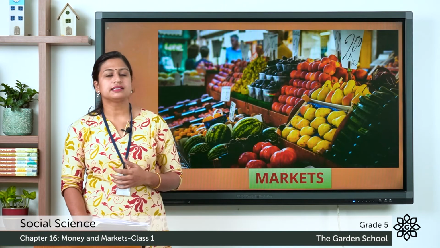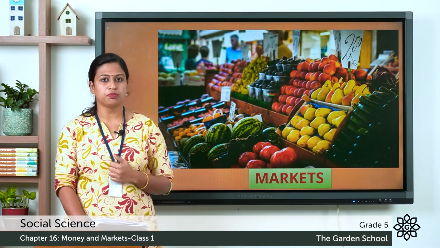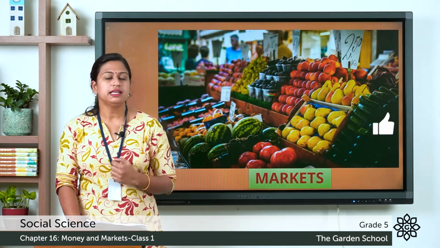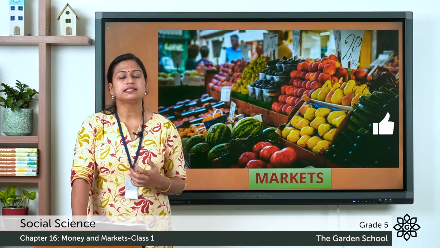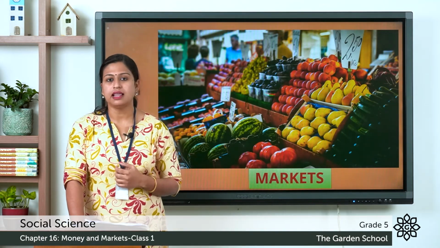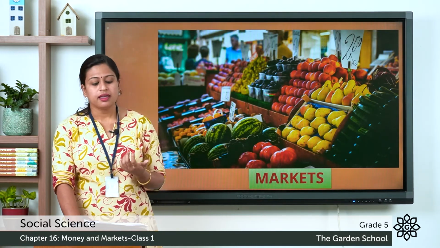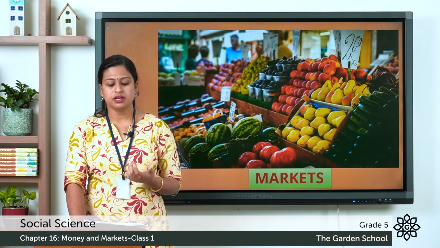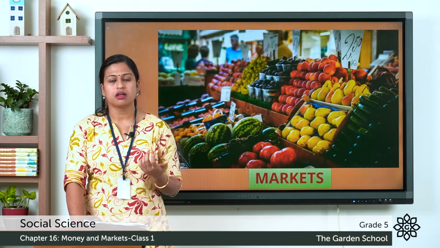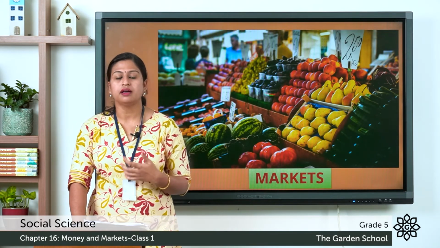Next, we'll discuss about markets and supermarkets. So what is a market? A market is a place where you buy and sell things. We go to market to buy vegetables, fruits, eggs, meat, stationery items, toys, clothes, flowers and many other things.